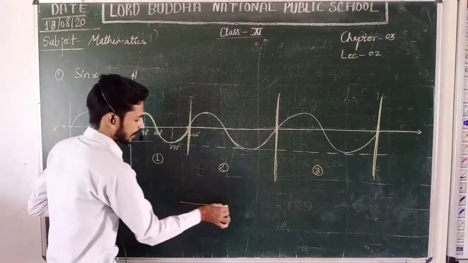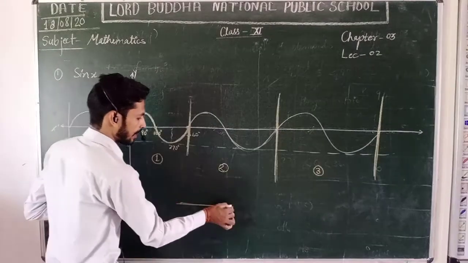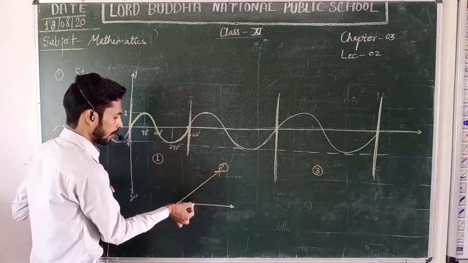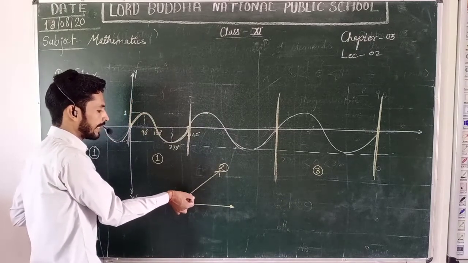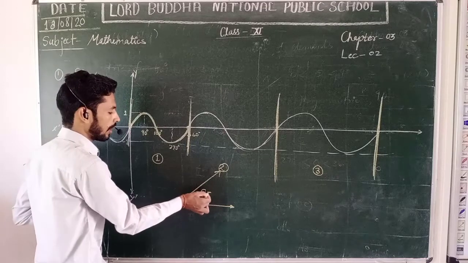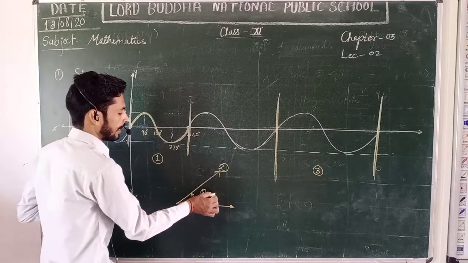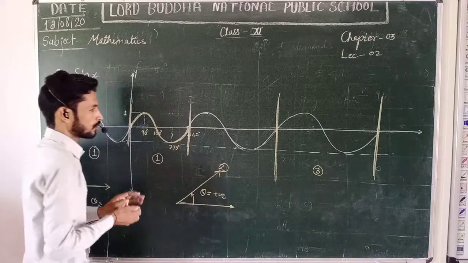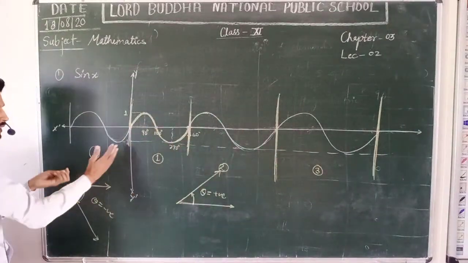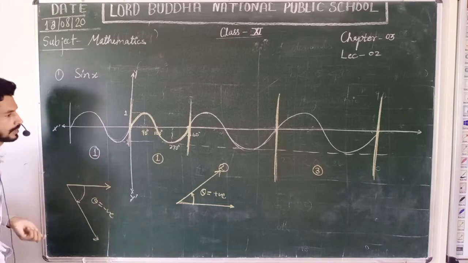But in this condition, suppose this is the initial side and the next one is final, then we go anti-clockwise, and the value of the angle theta is positive. So for the positive angles, these functions, and for the negative angles, these functions.